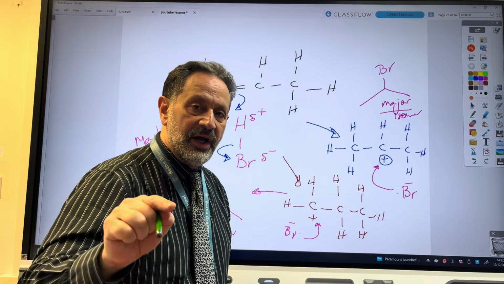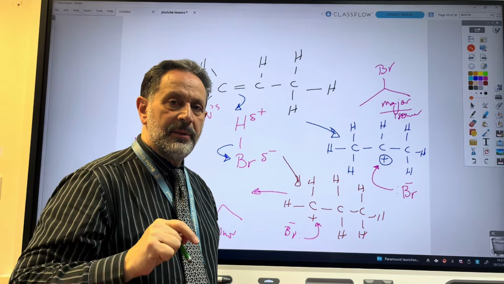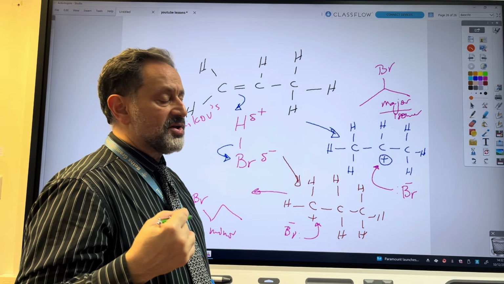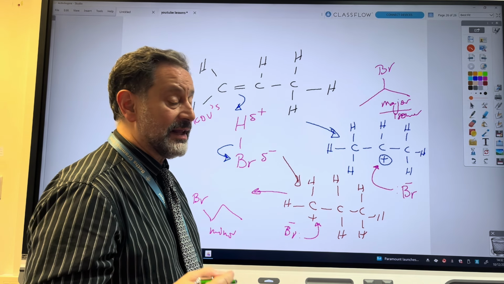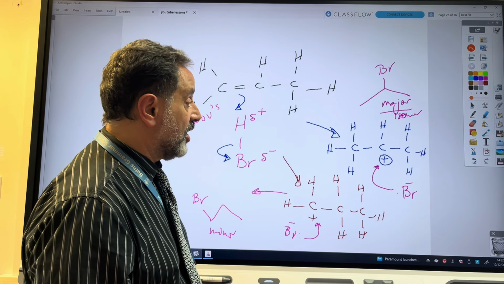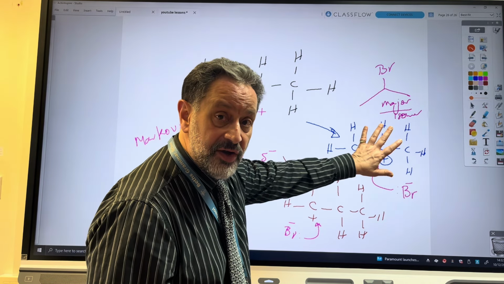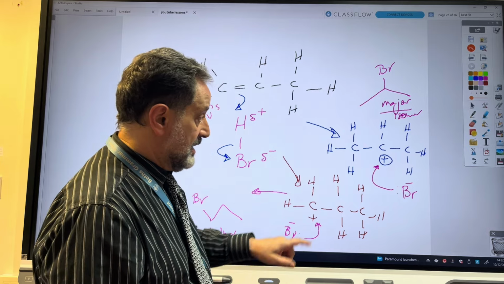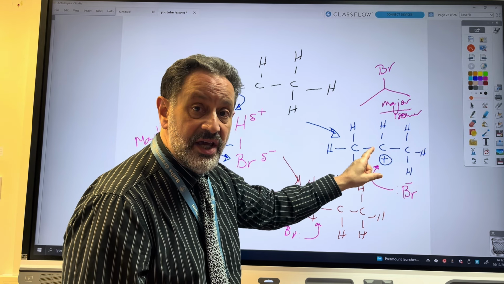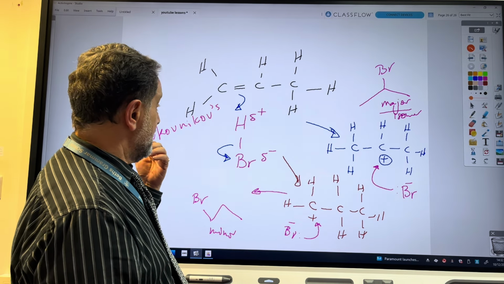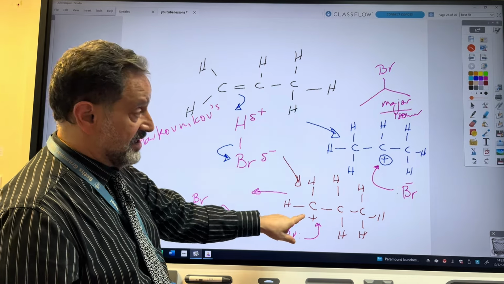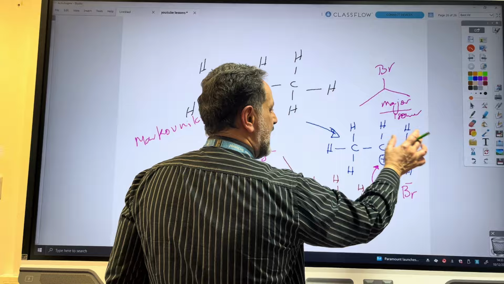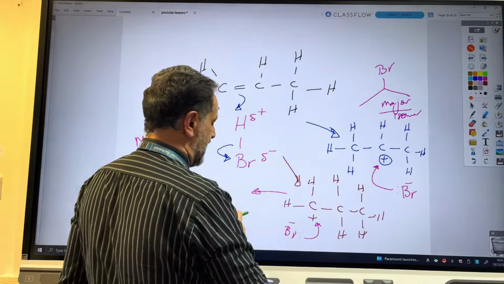That will not suffice if you just wrote that on your exam paper because Markovnikov said so. That is not a good answer. Because they ask why, and the why is because just before the final product, that stage is called the intermediate stage. That intermediate stage is more stable than the other intermediate. The reason is that the alkyl groups, this is a secondary, whereas that is a primary.